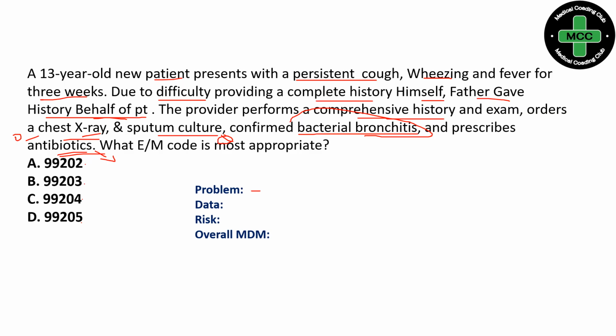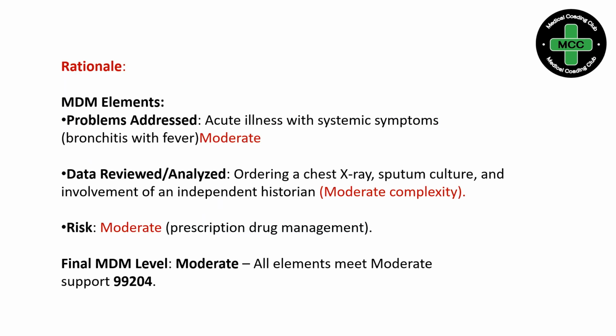So that is the particular point where we will get the problem, and other aspects we will see with the rationale. So here is the rationale. As I said, the problem addressed was acute illness with systemic symptoms. So bronchitis, which was bacterial bronchitis with a fever. This acute illness with systemic symptoms is documented at moderate level. Okay, so our problem is moderate.